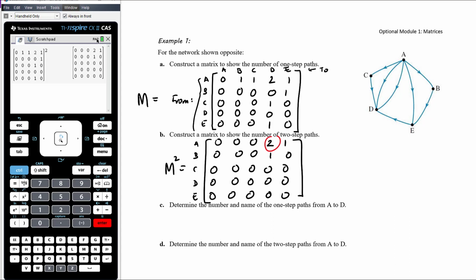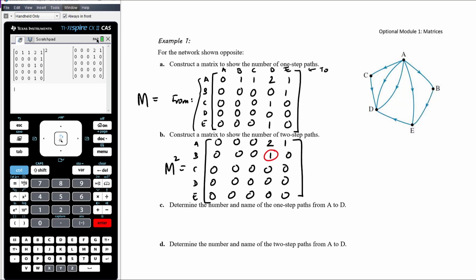For example, if we have a look at the number 1 here, that is from B to D. So from B to D, there's one two-step path, and yes, that is to go via E. You'll notice that there weren't any direct paths from B to D, but there is one two-step path, and that comes out when we do the multiplication.